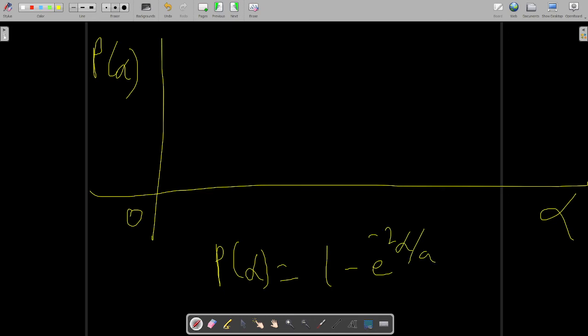If you put P(alpha) equal to 0, then alpha will come out to be 0.